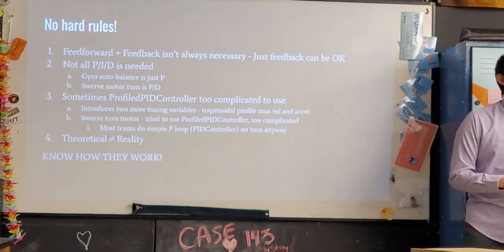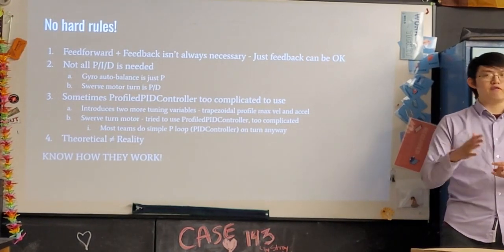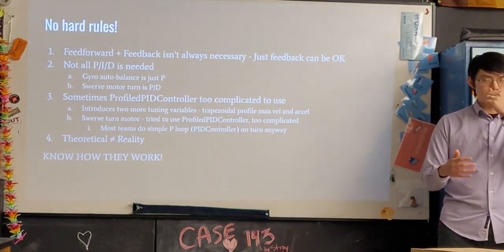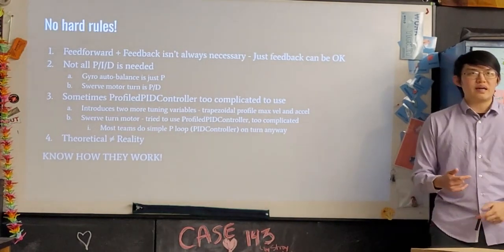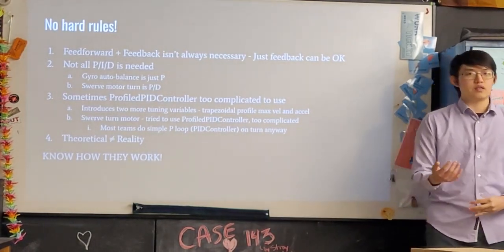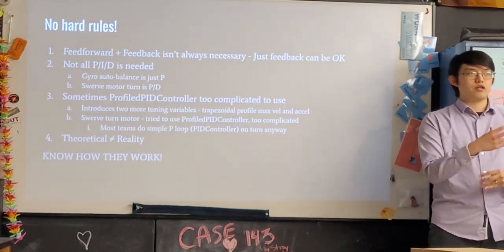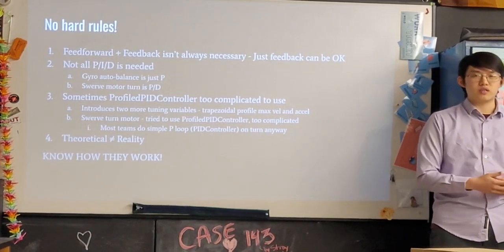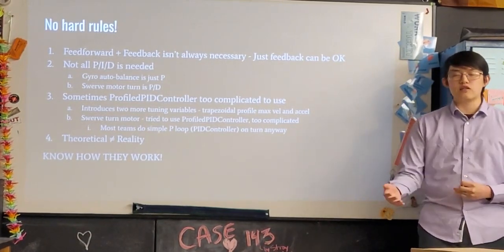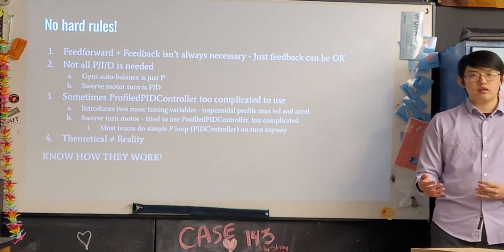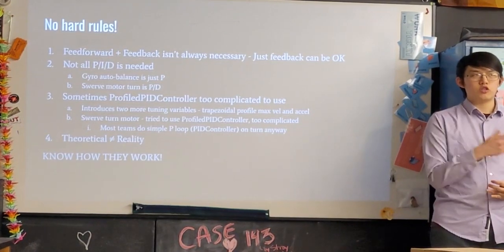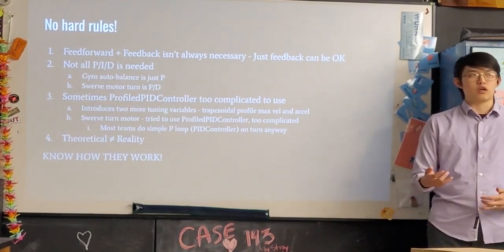how that will work is that, remember, feed forward is the prediction algorithm. It gets you the majority of the way there because you're predicting based on the constraints and knowledge of your system how much voltage you need to get to that point. So if you take that out of the equation, you're just going to have feedback that's working on error.